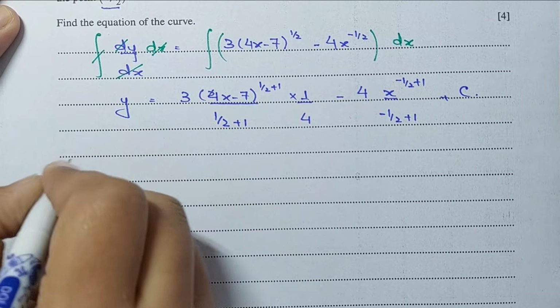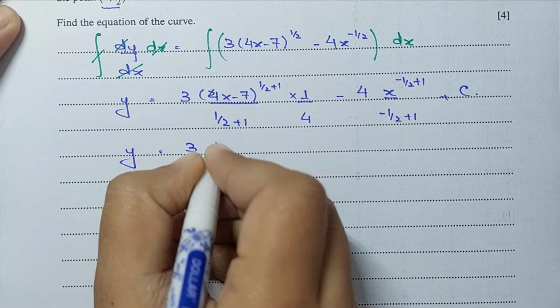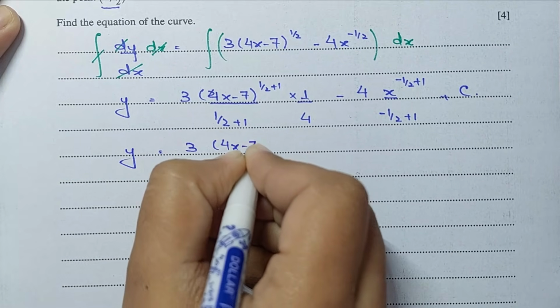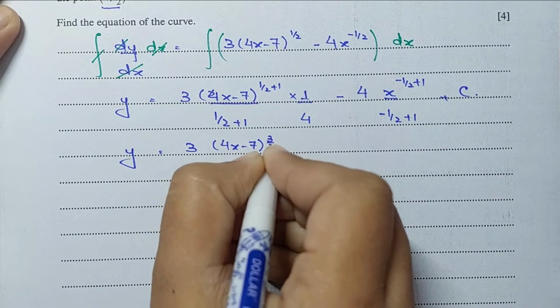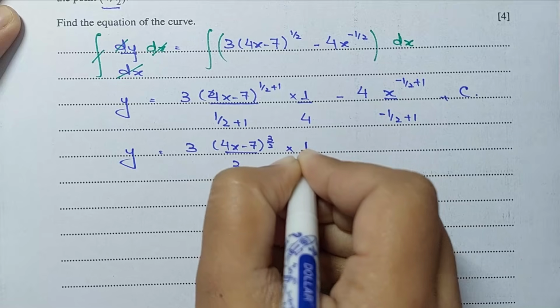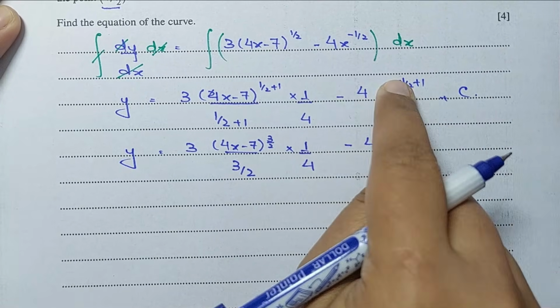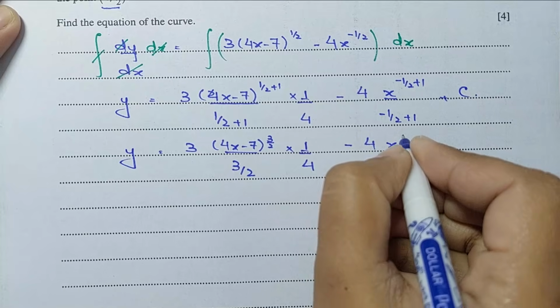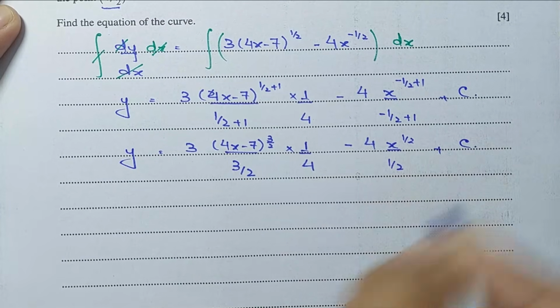Okay, now simplify this expression. So y is equal to 3 times (4x minus 7), 1/2 plus 1, which is 3/2, over 3/2, multiplied by 1/4, minus 4, here x to the power minus 1/2 plus 1 is 1/2, over 1/2, plus the constant of integration.